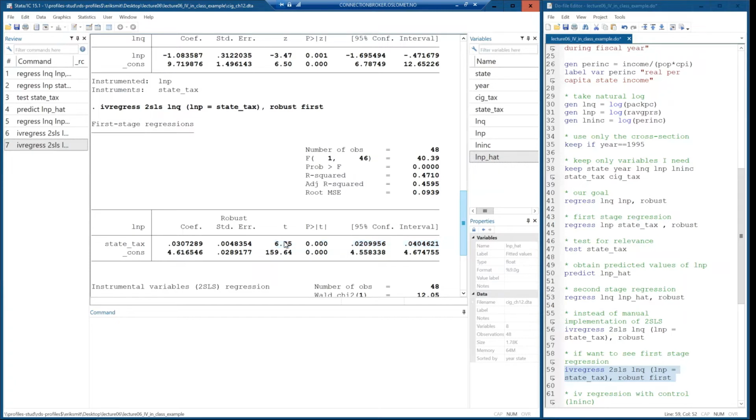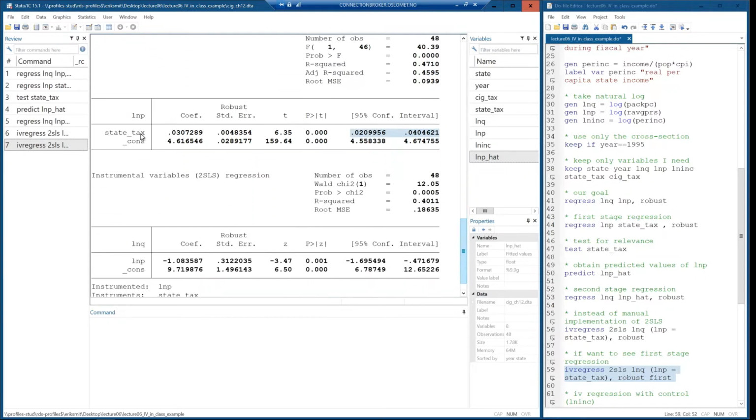And we see here that the t-value is 6.35 and the p-value is below 5%, and 0 is not in the 95% confidence interval. So we say that this is a relevant instrument for explaining the exogenous part of the log price.